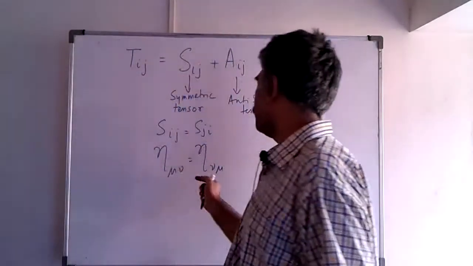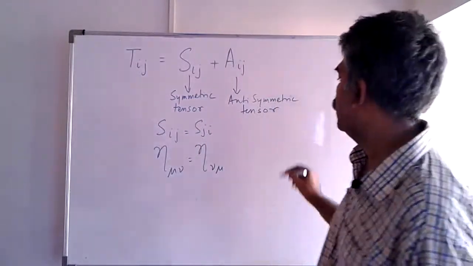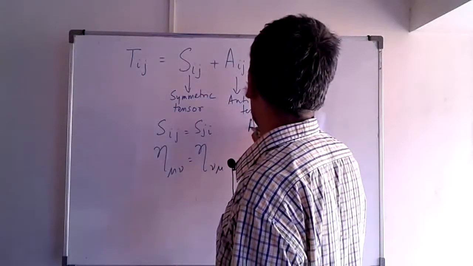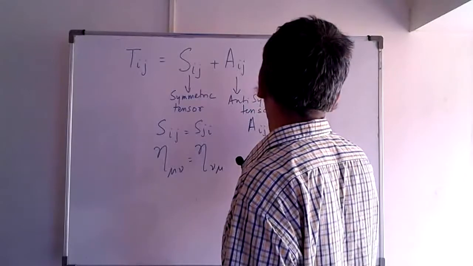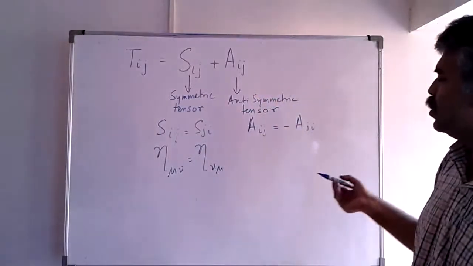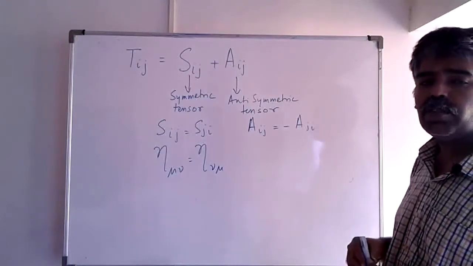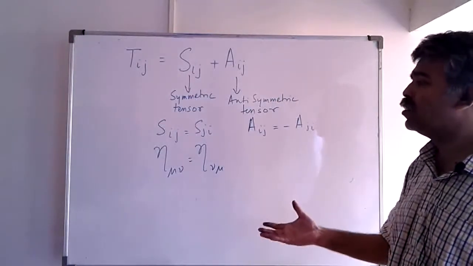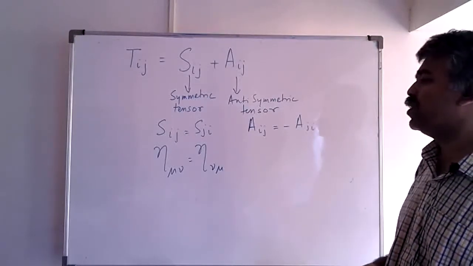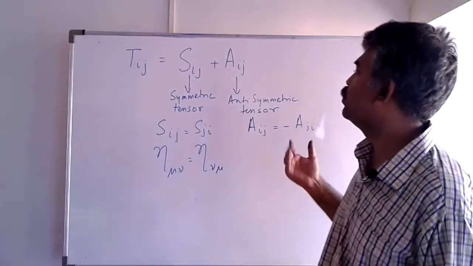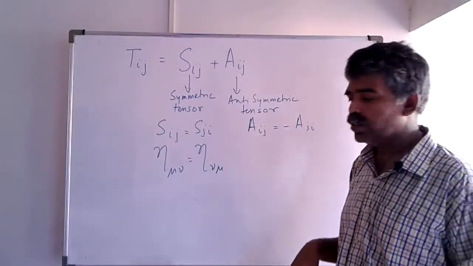If you swap the indices, no sign change. And here antisymmetric or skew symmetric means Aij is minus Aji. This is true for any matrix as well. You take any asymmetric matrix, it can be represented as a sum of a symmetric matrix plus an antisymmetric matrix.